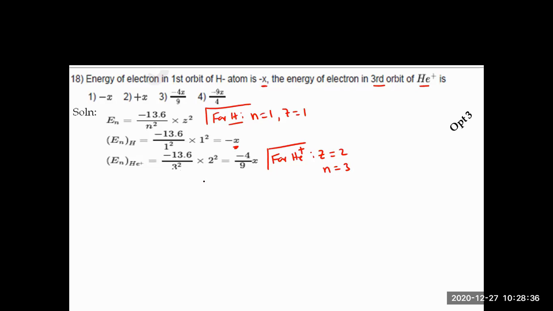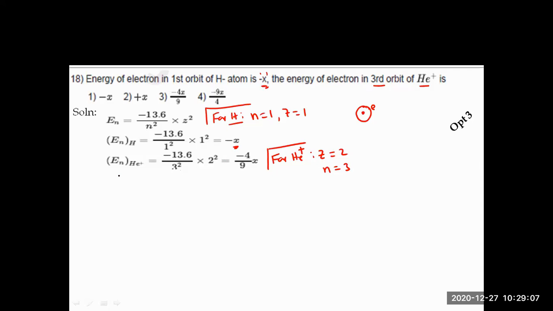Sir, can you please explain again, sir? Yeah. See, energy of electron in first orbit of hydrogen atom is actually magnitude you have to take, otherwise answer becomes plus there. You take it as x. So hydrogen atom, there is first orbit and electron is revolving here. The energy of electron in third orbit of He plus, they are asking in terms of this x, that's all.